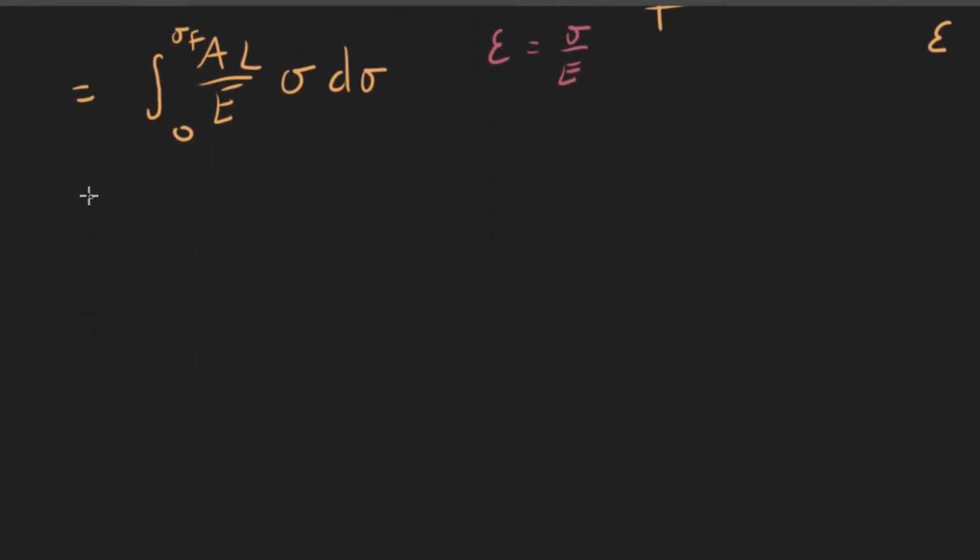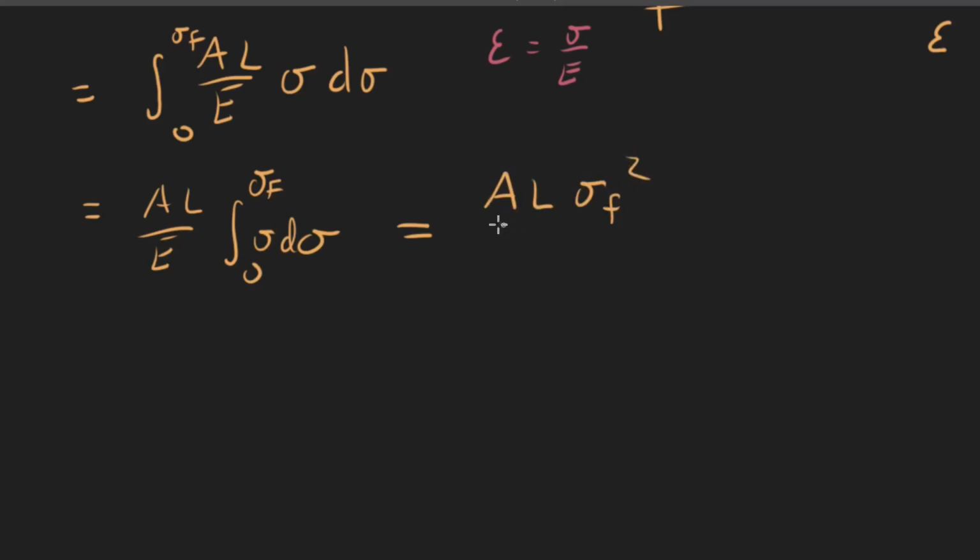So this is equal to AL over E times the integral of sigma d sigma from 0 to sigma final. If we evaluate this integral, we'll get AL sigma final squared over 2E, and this is equal to the work.